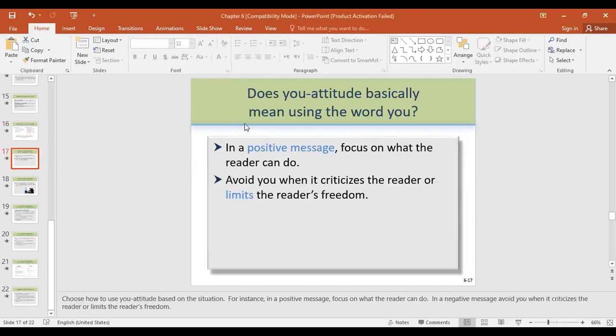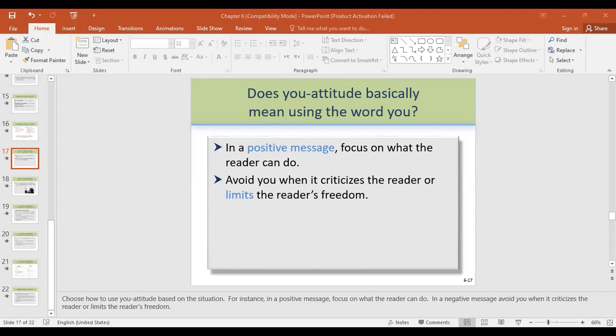So let's move to the next slide, which is talking about: does you attitude basically mean using the word you? I think the answer is no for this question. Let's say that all messages should use you attitude, but the words to achieve it will change depending on the situation.